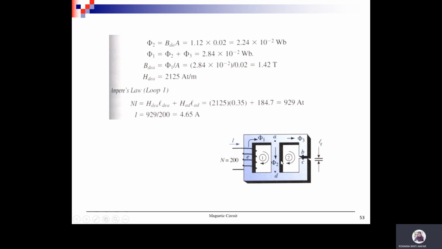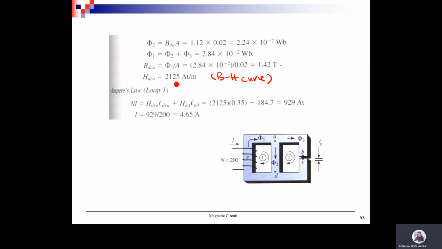And then BDEA, you want to get the value of this section. Because it involves flux 1 at this section over A, you will get 1.42 Tesla. And then HDEA: once you get the value of B, you can find H, referring to the BH curve.